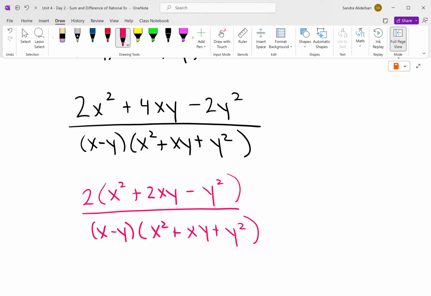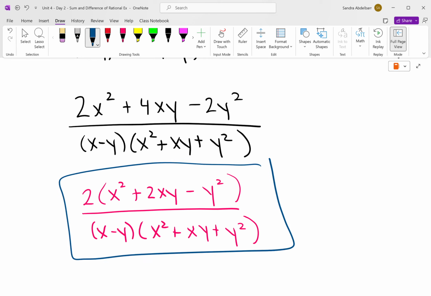No. There's no factors of -1 that will add to a +2. So can I factor this? No. So can anything simplify? No. If you realize that from this step up here, did you need to pull out the 2? No. Okay, we are done.